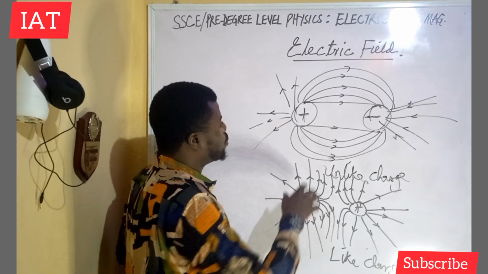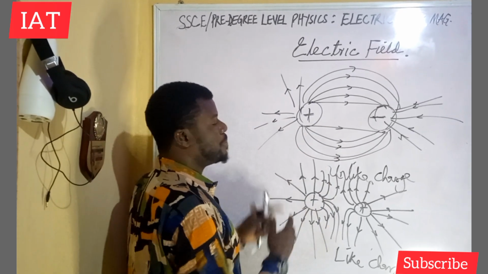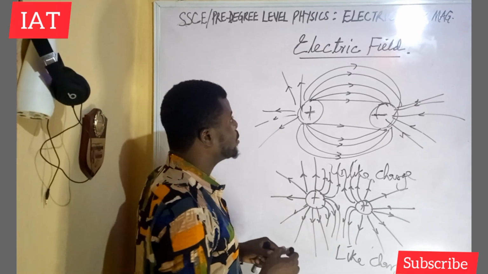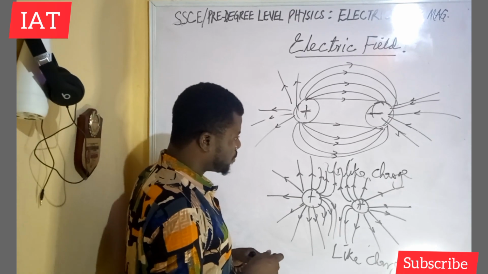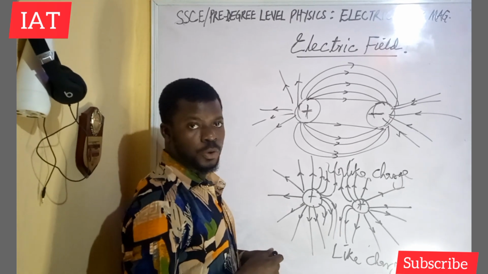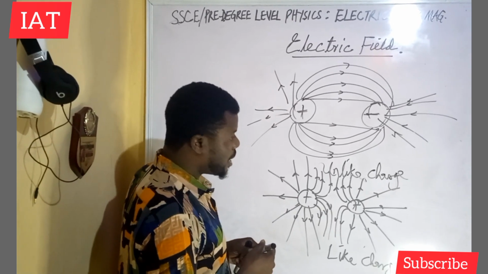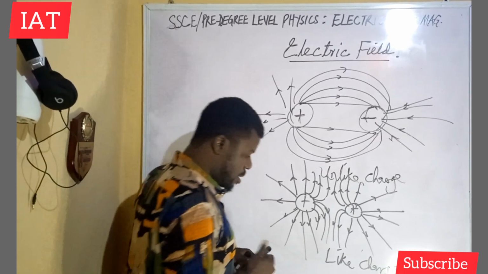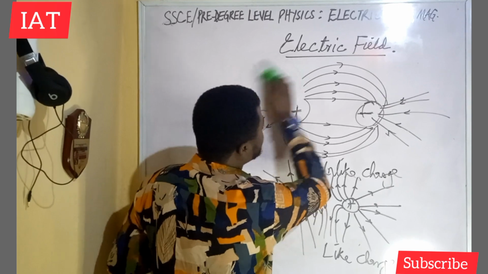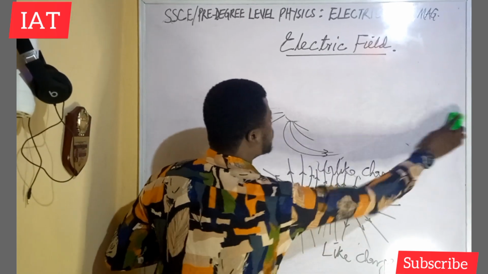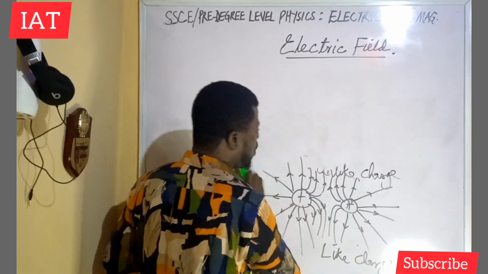In order for us to understand the relationship between the positive and the negative charge, we will have to introduce a concept called Coulomb's law. Charles Coulomb propounded a law, and he named the law after his name, which is Coulomb's.